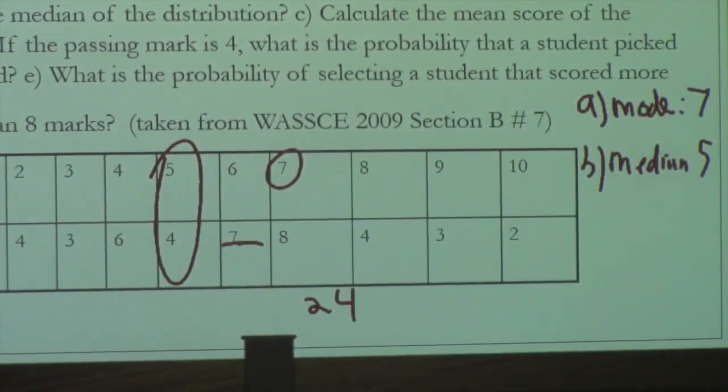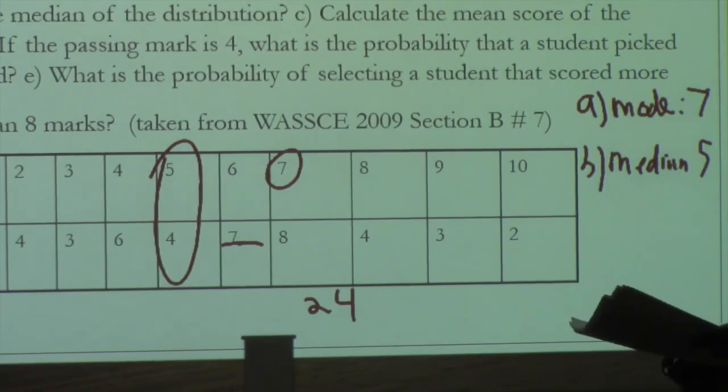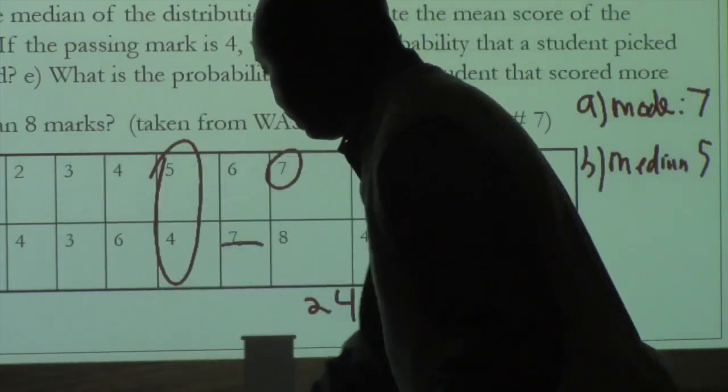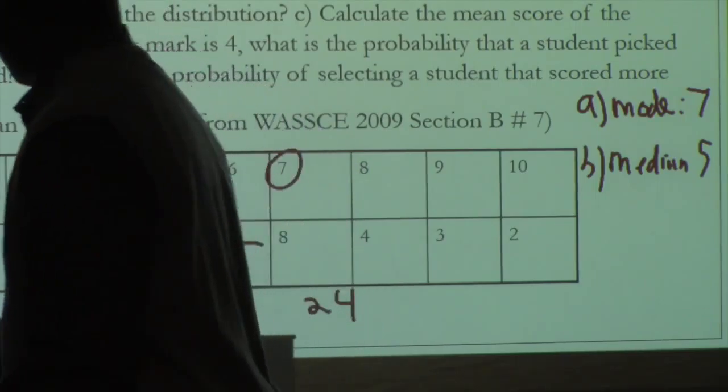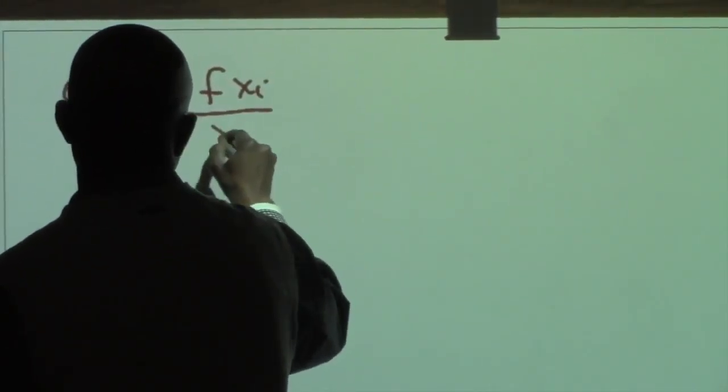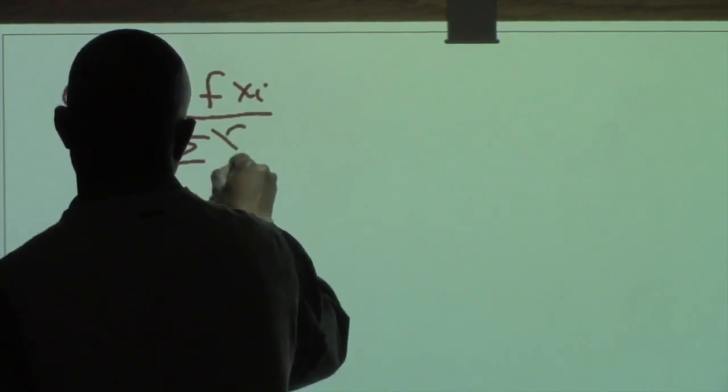Calculate the mean of the scores. So the mean of the scores, we did it before. All we need to do is to sum up all of these scores. We multiply everything here. So to find the mean, we do x bar equals summation of f x over summation of f.